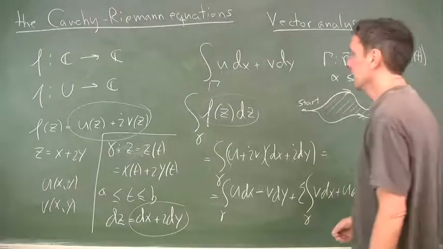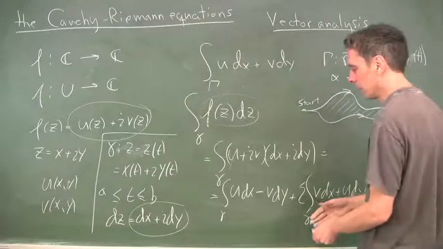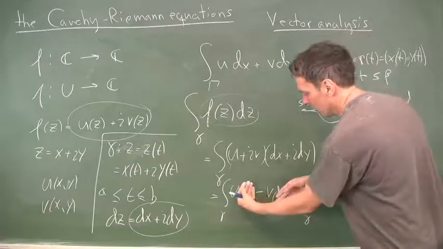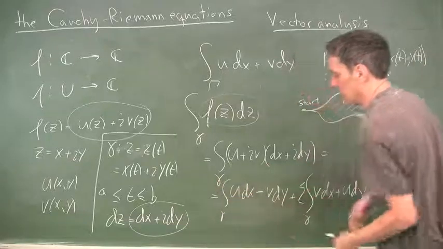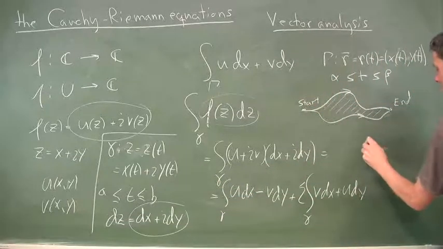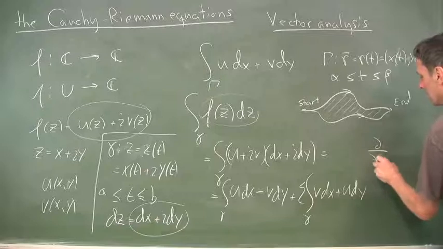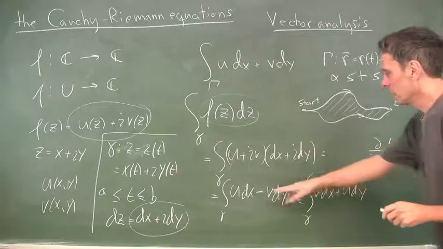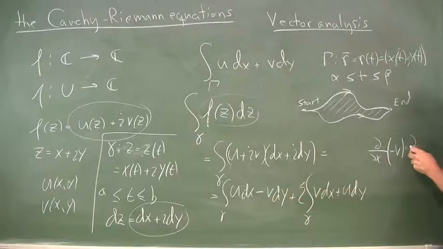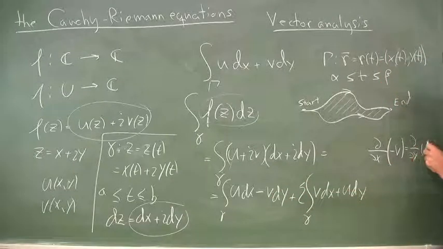And so remember, the condition for path independence was then that the x derivative of what stands here should be equal to the y derivative of what stands here. So we'll get the equation that the x derivative of minus v should be equal to the y derivative of u.